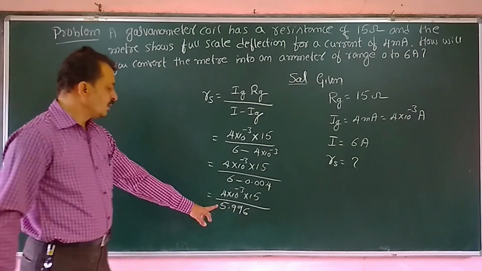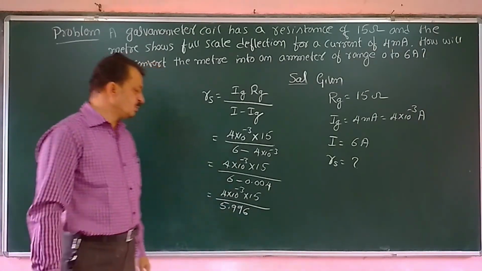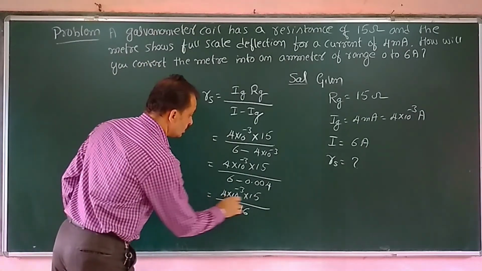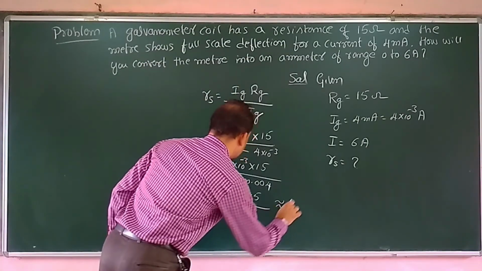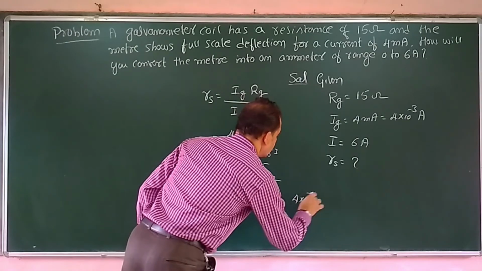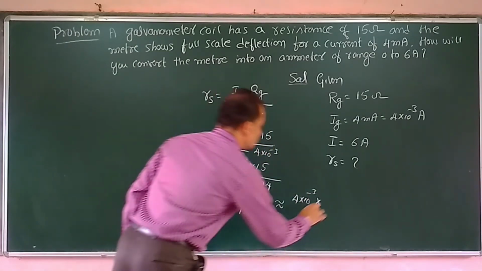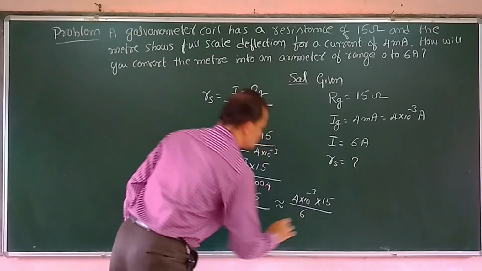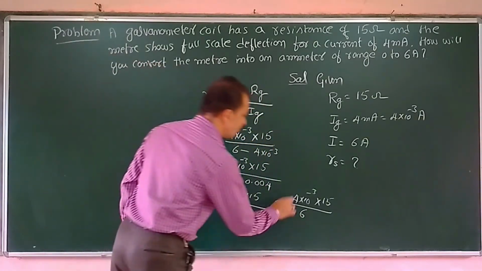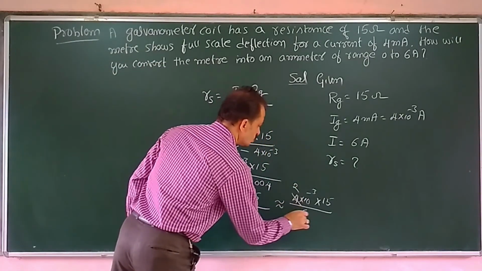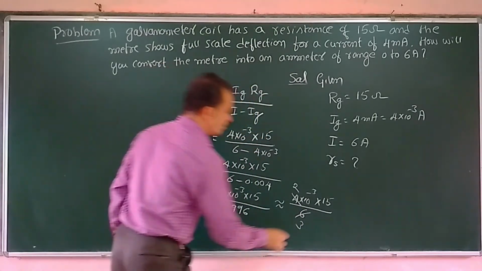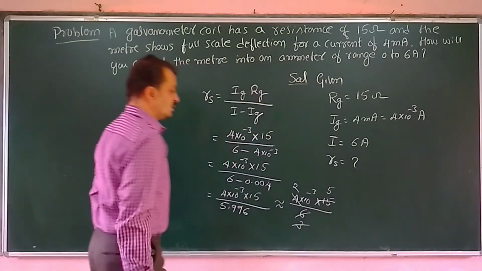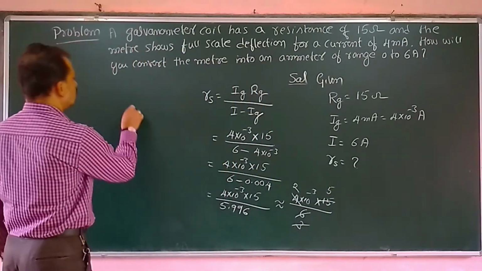So we have 4 into 10 raised to minus 3 into 15 divided by 6. 2 sixes are 12, 3 ones are 3, 5 twos are 10.